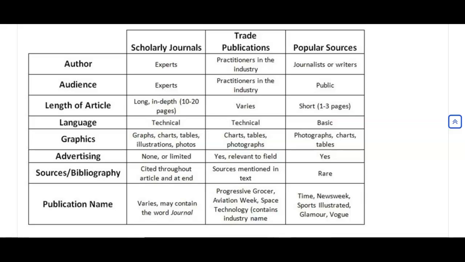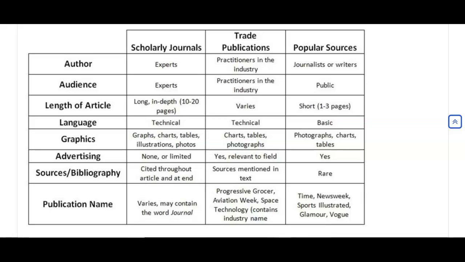Since these are written by experts and for experts, at times the language can be a bit technical. You also won't really find any kind of advertising or photographs unless it has to do with the experiment done. So you may see graphs, charts, and tables, but usually you're not going to see just a picture related to the information.